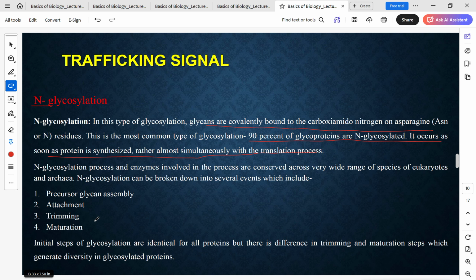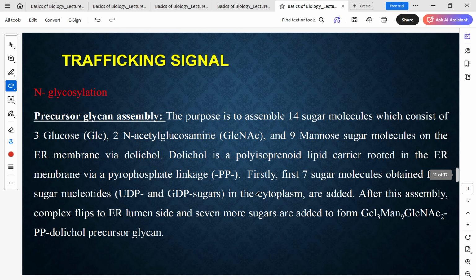This happens in eukaryotic as well as prokaryotic cells. There are different events. First is precursor glycan assembly, just after the protein has been synthesized. Then there is attachment, then trimming and maturation. All of the initial steps are identical for all proteins, but the trimming and maturation parts are different.